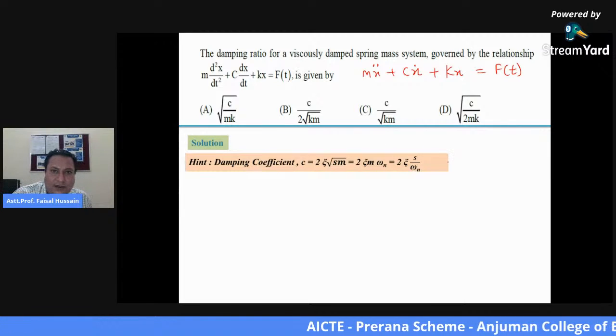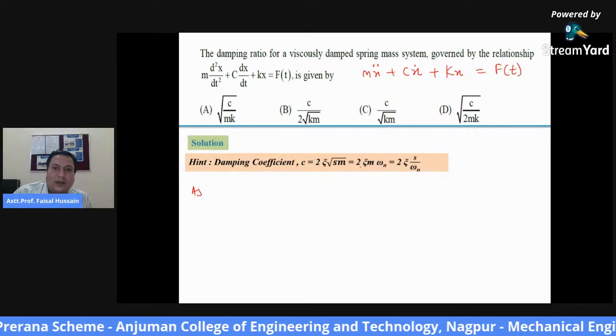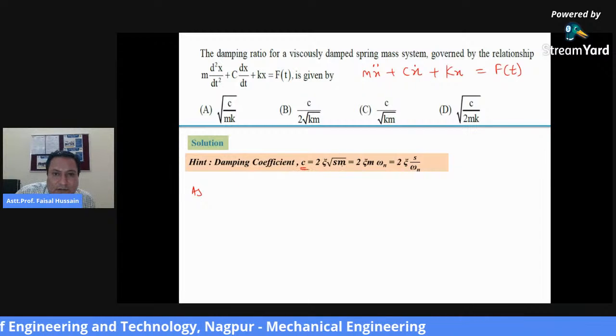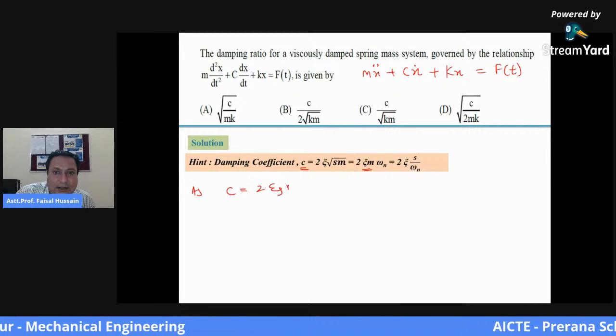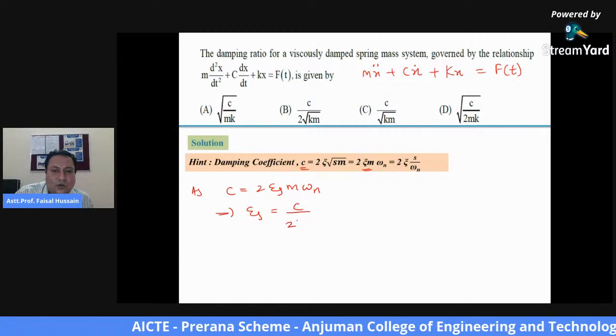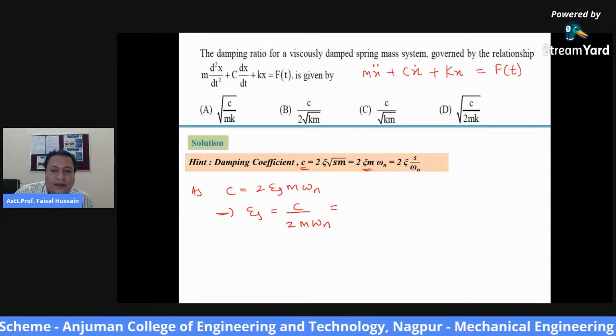See, I have given you the hint. Damping coefficient is what? C equal to 2 zeta under root km, equal to 2 zeta m omega n. So as C equal to 2 zeta m omega n, I can write zeta as C by 2m into omega n.